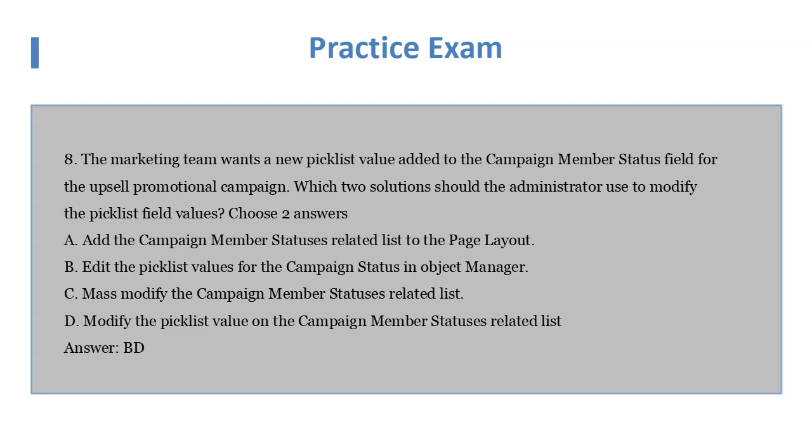B. Edit the pick list values for the campaign status in Object Manager. C. Mass modify the campaign member statuses related list. D. Modify the pick list value on the campaign member statuses related list. Answer: B, D.